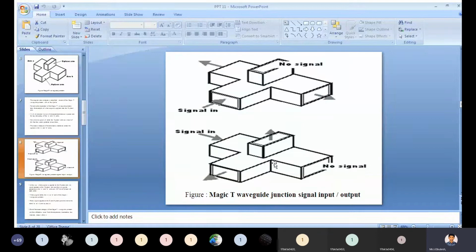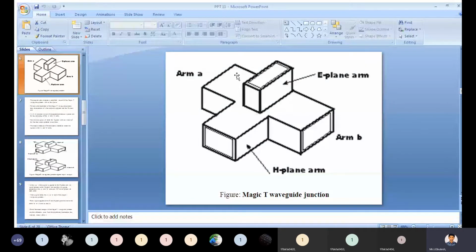Likewise, assume that if you apply the signal through this arm B port, no signal will enter the arm A port until getting the output from the E plane arm and H plane arm.